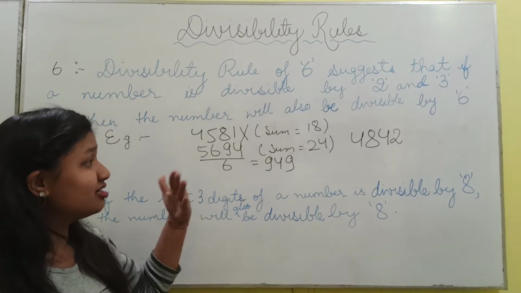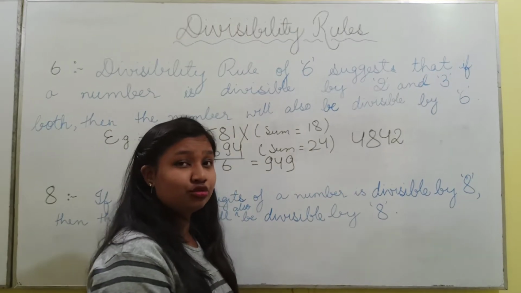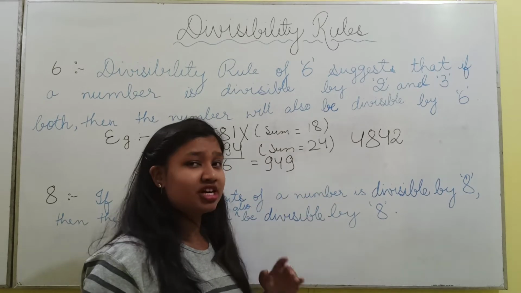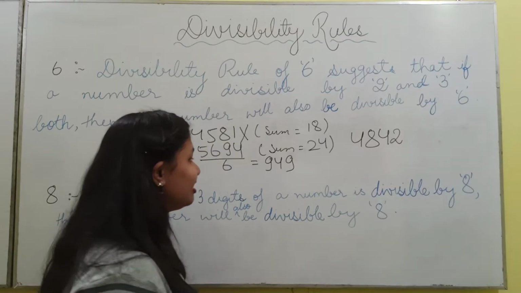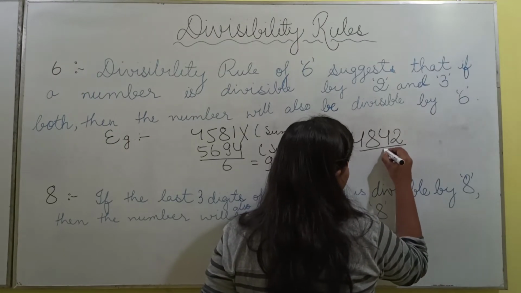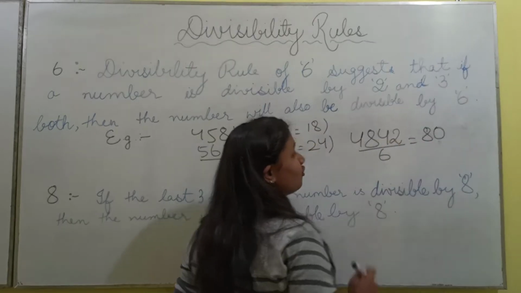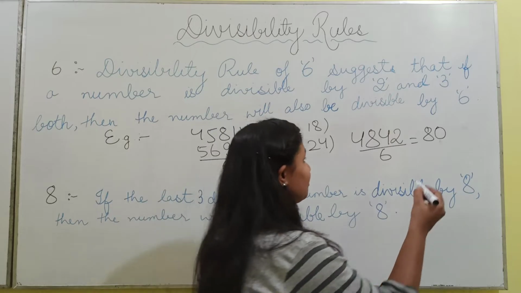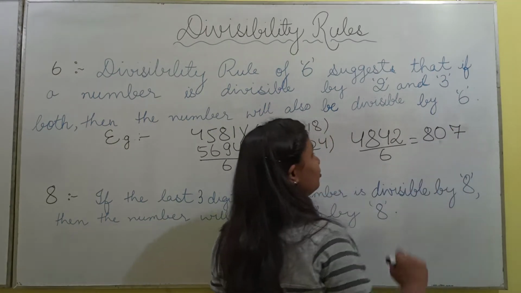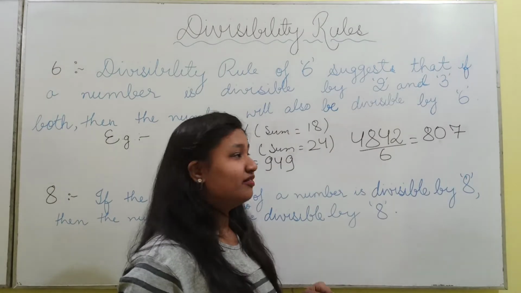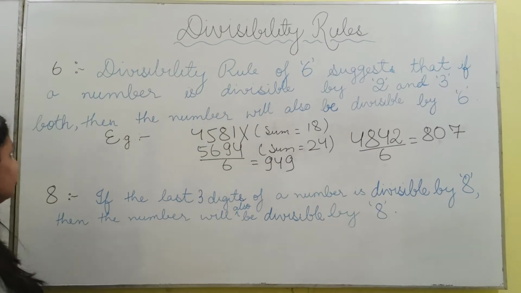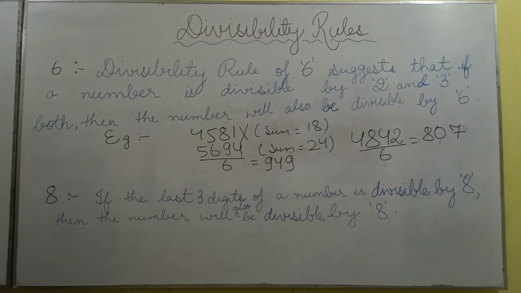Now since this number is divisible by both 2 and 3, this number must be divisible by 6. Let's check it out. 6 8s are 48. 6 zeros are 0 and then 4 will be carried and 6 7s are 42. See, the number got divided by 6. I hope you understood the theory.